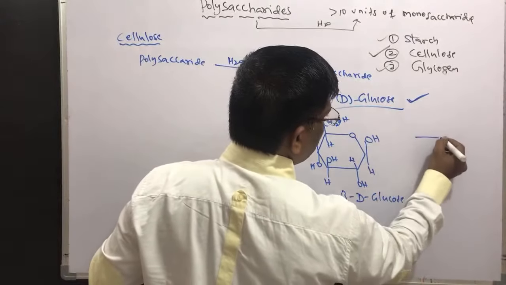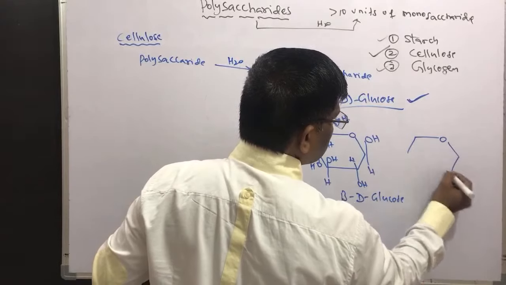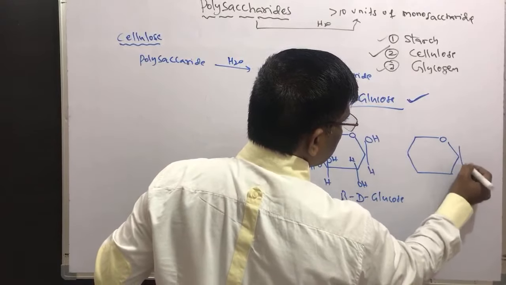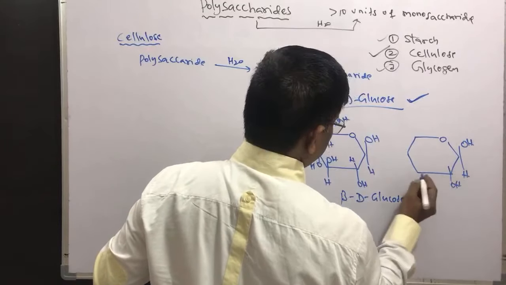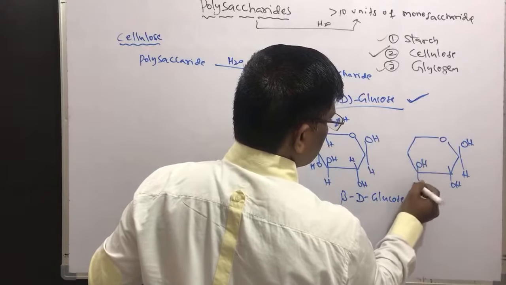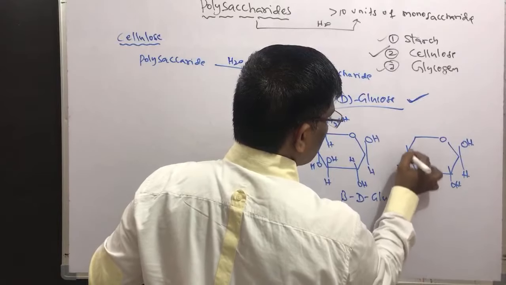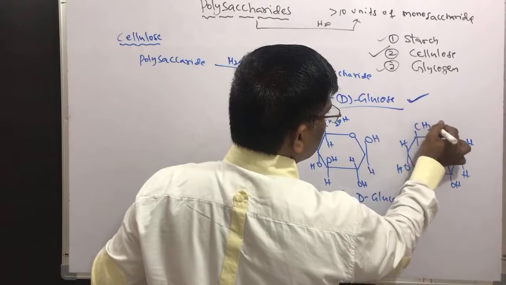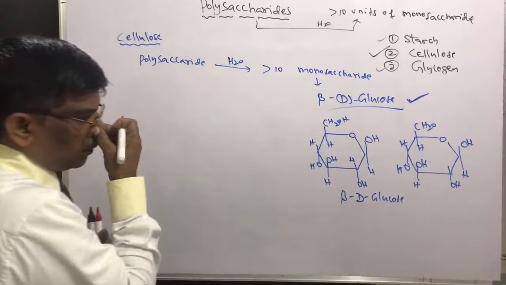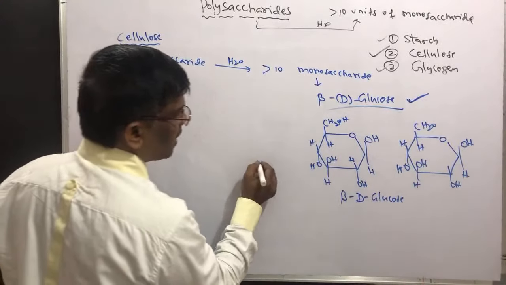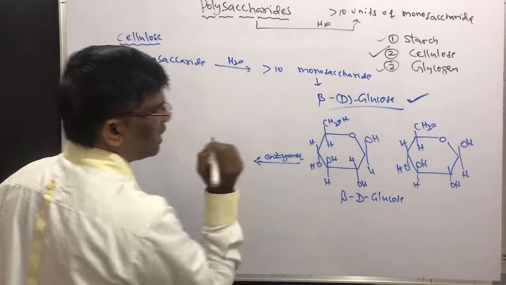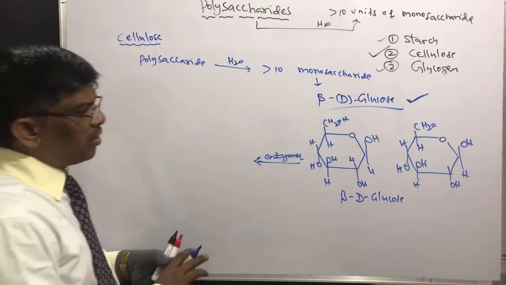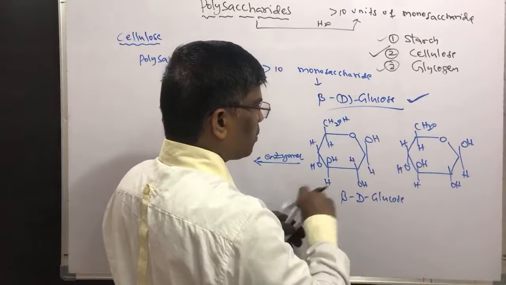If I write another molecule of beta D glucose, in plants, in the presence of enzymes, it is going to lose multiple water molecules.